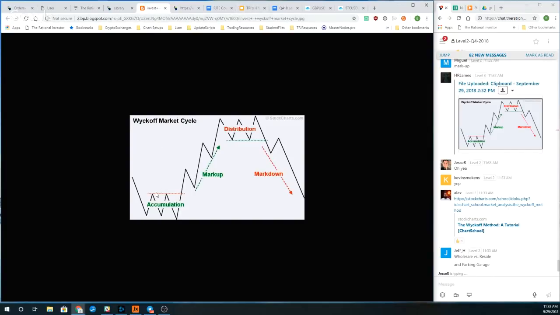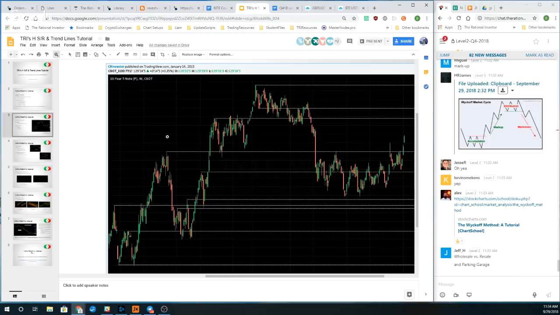So the point of the matter here in this particular case, right, obviously there was a key pivot here that business was agreed to get done. Some sort of fundamental event happened that changed the dynamic. So now on this pivot here, they're still going to bring it back to this level where supply and demand changed in the past. But now this acts as support, not resistance. So here you can see that exact same concept.